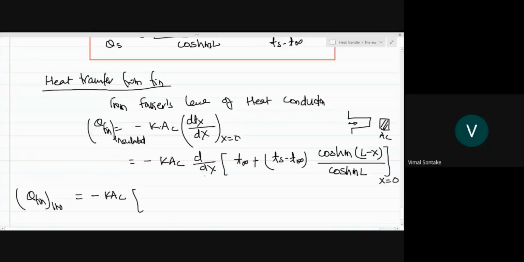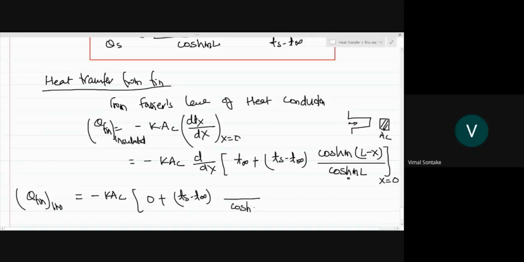Differentiate this: T infinity will become 0. Ts minus T infinity is constant, it cannot be differentiated. Cos hyperbolic ml is also constant. Why constant? Because there is no variable. m is also constant, L is also constant.